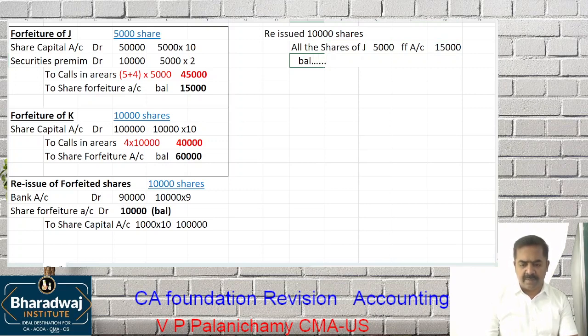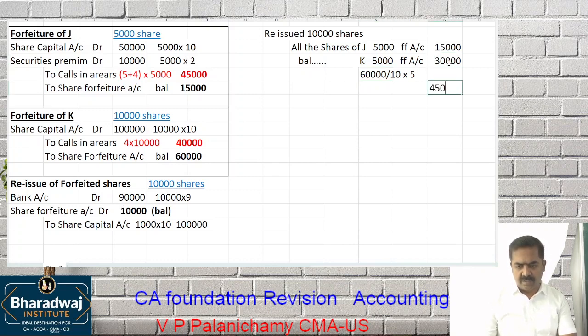Balance belongs to K. How many shares are issued? Out of 10,000, 5,000 gone, so for the balance 5,000, how much forfeiture account? Simple. For 10,000 shares, if it is 60,000, for 5,000 shares, how much? 30,000.